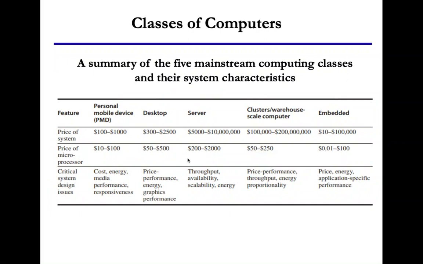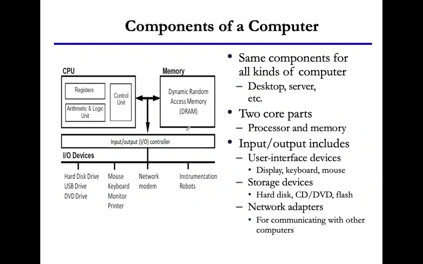Then we talk about the components of a computer. In the very first slide, we were talking about the components of the computer. But remember, the three basic components of the computer, which one should remember, are the CPU, central processing unit, the memory unit, and the input output device unit.